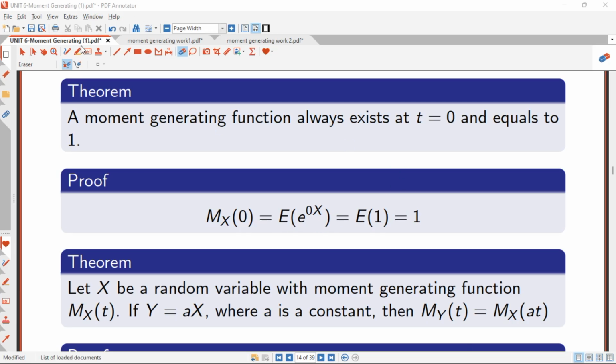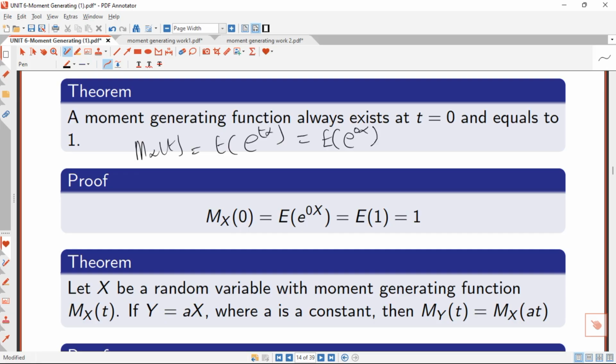Let's say we know that our moment generating function of X is equal to the expectation of e raised to the power tX. And then if we put t equal to 0, are we not going to get the expectation of e raised to the power 0X? This gives us the expectation of e raised to the power 0, which is the expectation of 1, which is equal to 1, right? So our answer is 1.